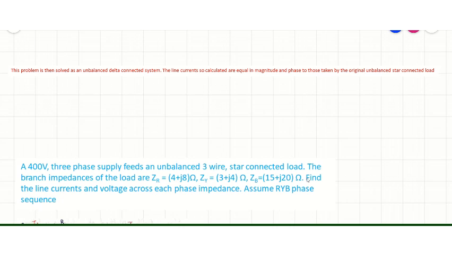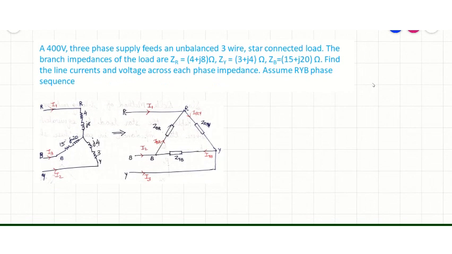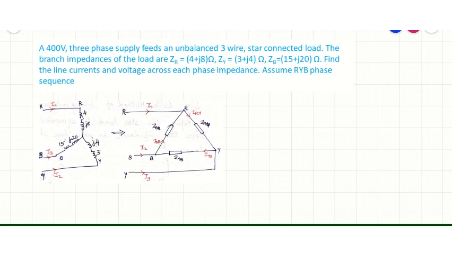Then the second step is to convert that star-connected load to an equivalent delta. So first the load is drawn as a three-phase unbalanced star-connected load with ZR is 4 plus j8, ZY is 3 plus j4, ZB is 15 plus j20.